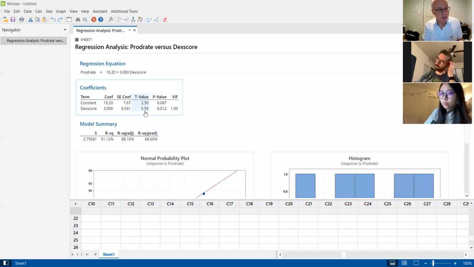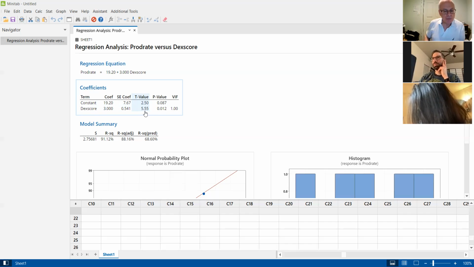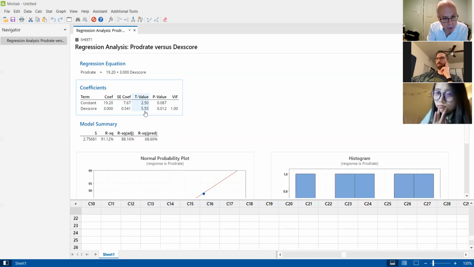Yeah, okay. So when you do this with a calculator, you're going to get the right tail of the two-tail test. This is a two-tail test, right?